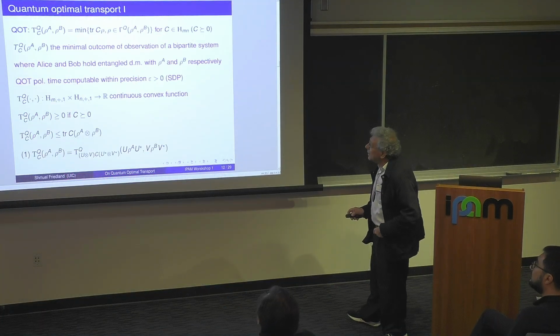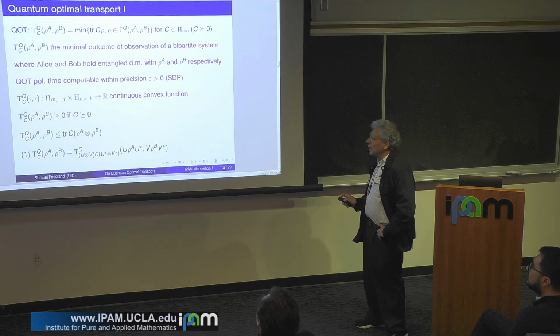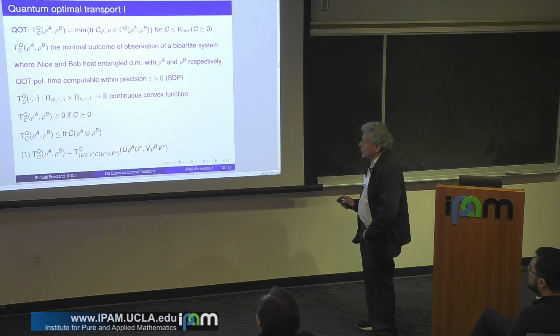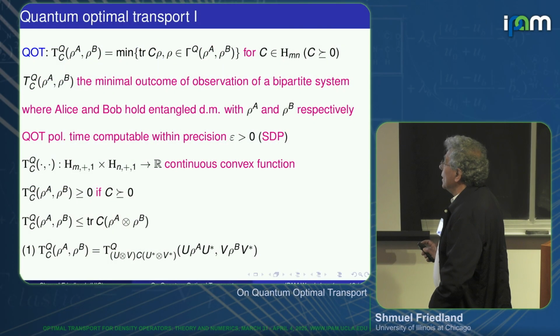Okay. Next, the next step is talking about quantum optimum transport. So what is that? So we have two density matrices, and we have all possible couplings of density matrices. Now we take a C, which is a Hermitian n by n matrix.